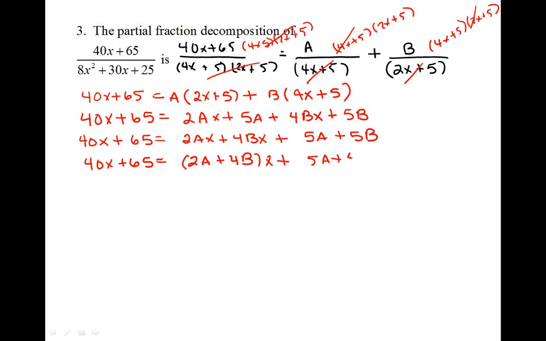And then you have your constants. And then you're going to say 2A plus 4B, which is your x term, is equal to your 40. And 5A plus 5B equals your 65.